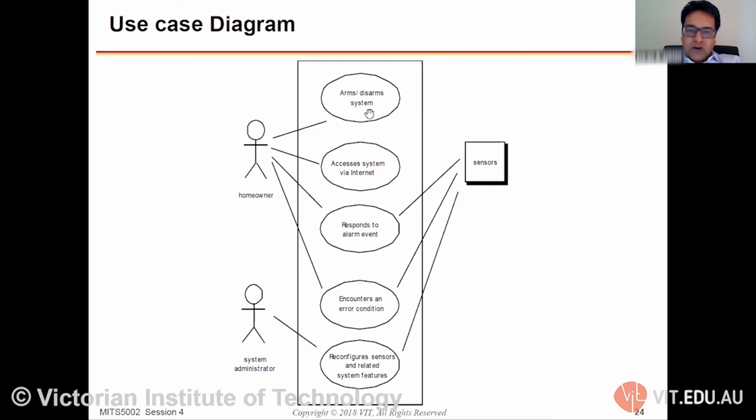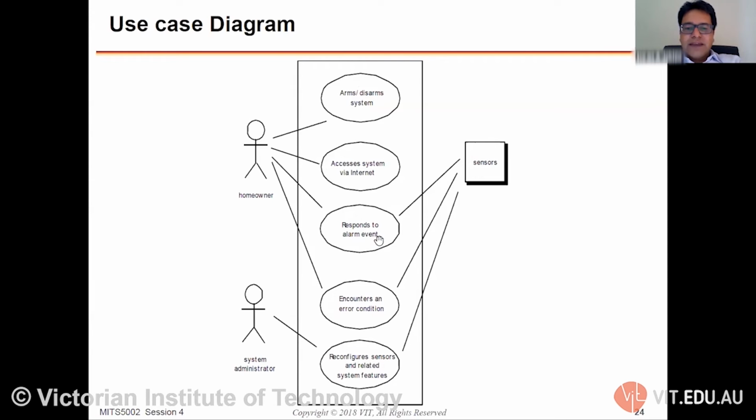He can do all these processes. When you are arming or disarming, turning on or off your home monitoring system, or accessing via the internet, that is a process that the homeowner can do, responding to an event.